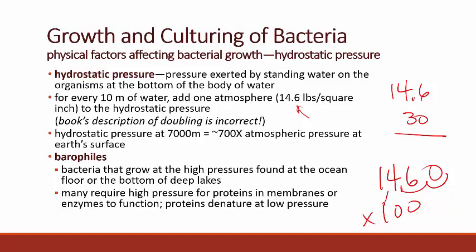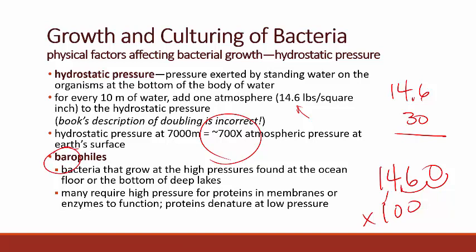surface of the water. So at 7,000 meters, which is about the deepest we have found in the ocean, you see about 700 times atmospheric pressure found at the Earth's surface. So that's a lot of pressure down there. So barophiles, these are bacteria that like that kind of pressure.